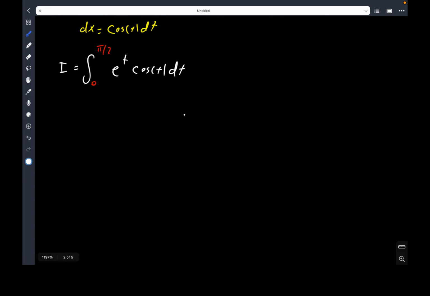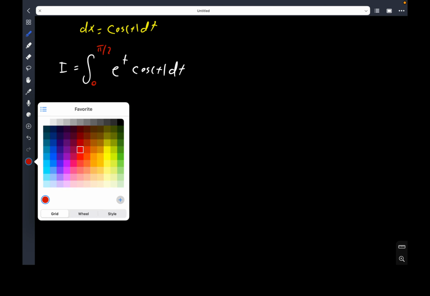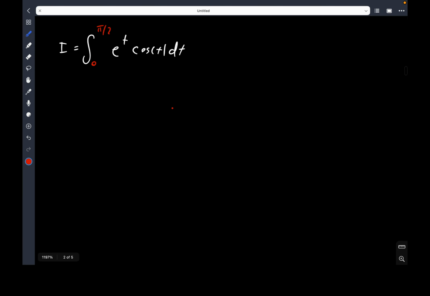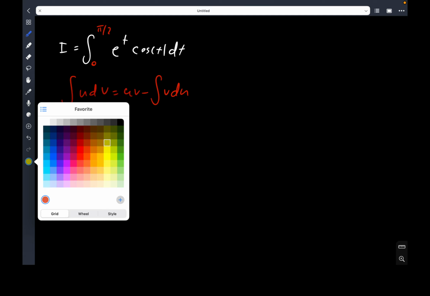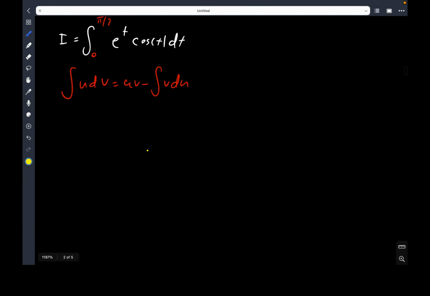So this integral right now is solvable. You might remember integration by parts, where if I have a function like u dv, it is defined as the integral of uv minus v du. So here I can do integration by parts.